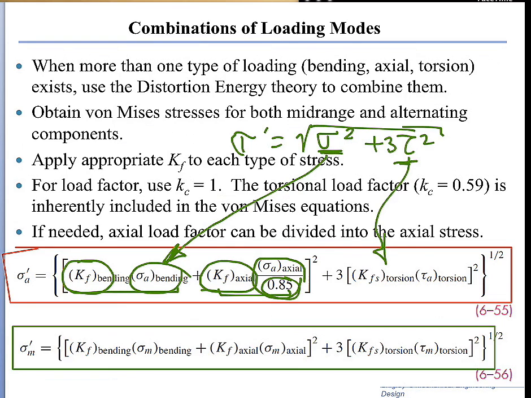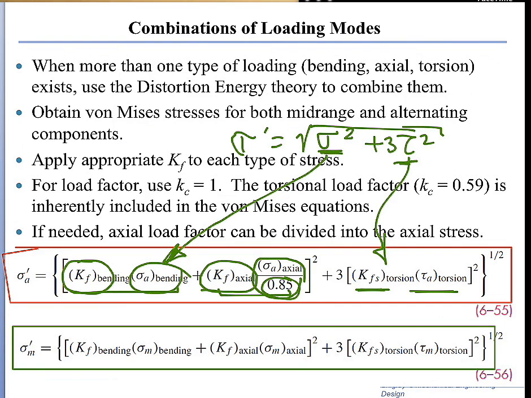So we have a load factor of 0.85. On the other hand, the shear stress due to torsion is the stress concentration factor, K_fs for torsion, times the shear stress for torsion, tau alternating torsion.